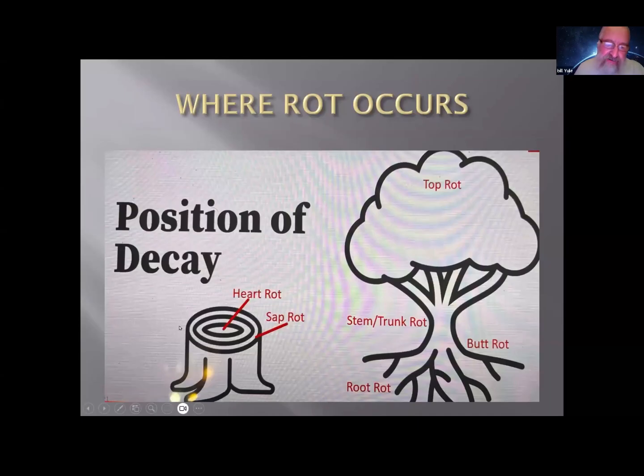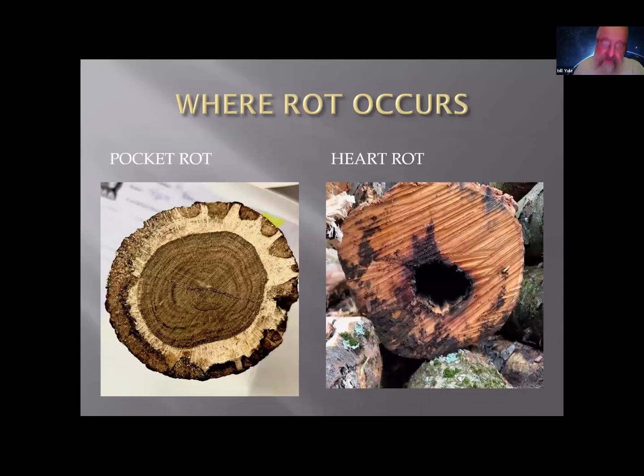Decay can occur anywhere on the tree, in the heartwood, in the sapwood. It can occur on the bark. It can occur on the roots or the butt or the stem or the trunk, and even up on the top of the tree. All those are places on a tree that are common sites of different kinds of rot.